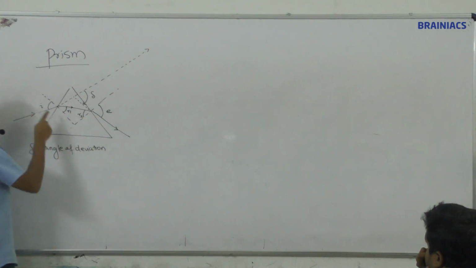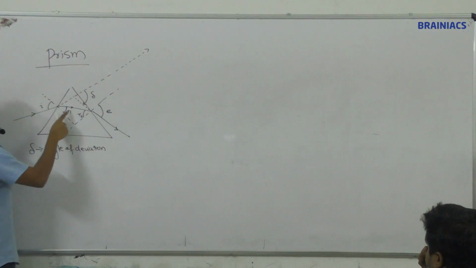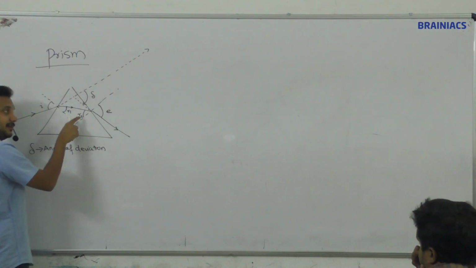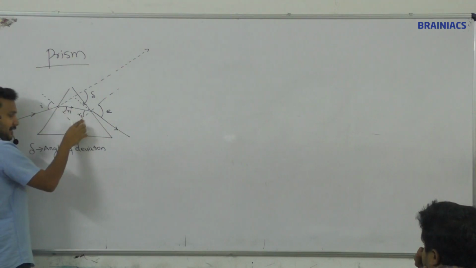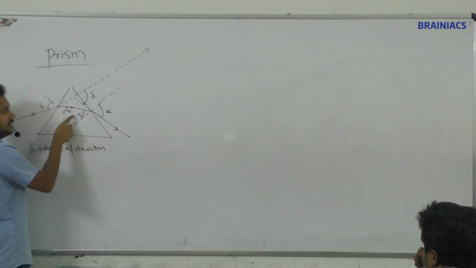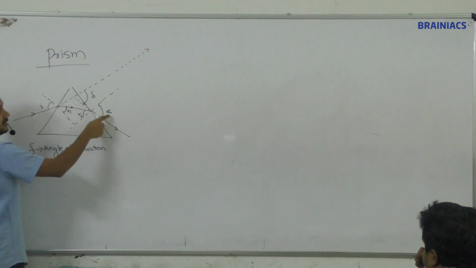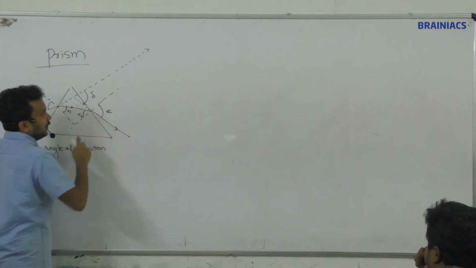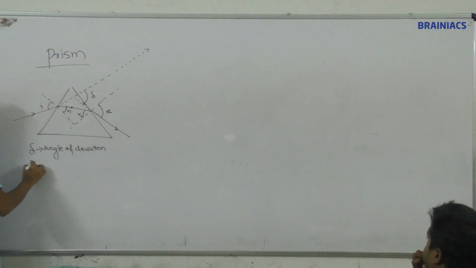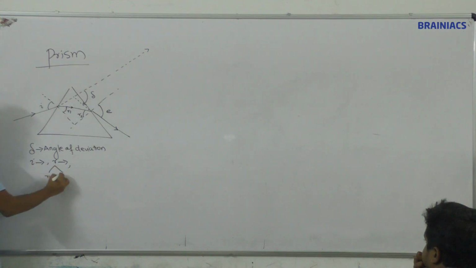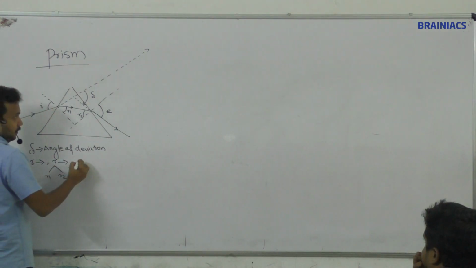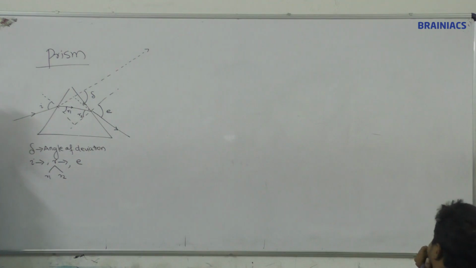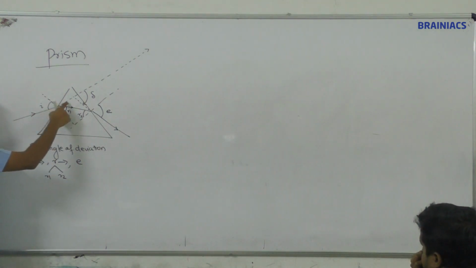But in a prism, the second angle of incidence is written as R2, and this angle of refraction is written as the angle of emergence. So I is the angle of incidence, and R means two things, R1 and R2. Then E is the angle of emergence. What is the deviation? What is this angle?